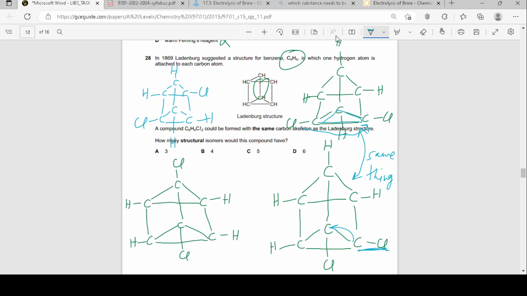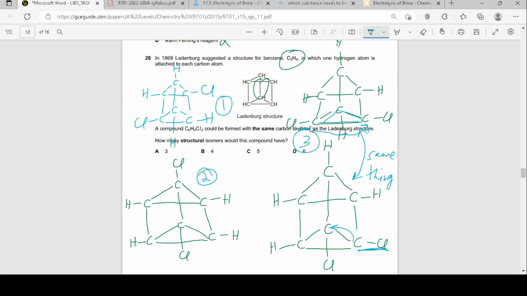Okay, and on the same vein, if I had one Cl here and a Cl here, that would actually be the same thing as I just drew, because you have a carbon atom here and then on the carbon adjacent to it you have a Cl, right? So those two are actually the same thing, and these two structures are basically the same. So unique structures, I only have these three unique structures: 1, 2, and 3.